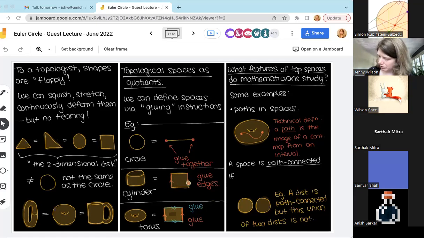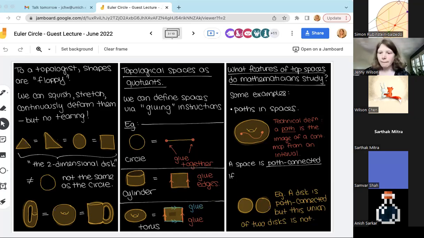So this means I'm going to glue this point to this point, and this point to this point, and this point to this point, and so on and so forth. And let me see if I have a piece of paper handy. Hopefully this is believable. If I take a sheet of paper and I glue together 2 of the edges, then the result is in fact a cylinder.